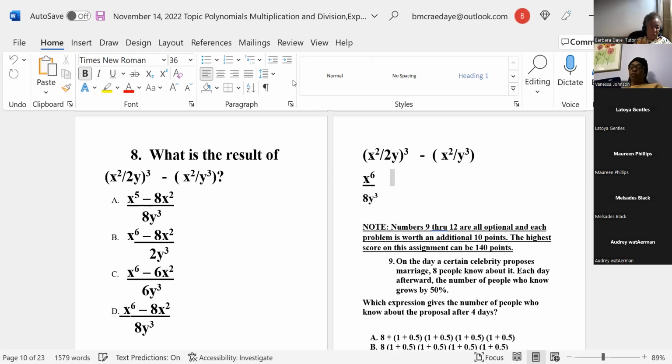Move this over. Minus x to the second. That's just writing what's here. Okay, x to the second over y to the third. Okay, so let's just put that there. That's y to the third, y to the third.